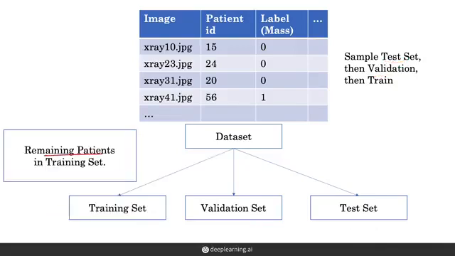Finally, the remaining patients can be included in the training set. Because the test and validation set have been artificially sampled to have a large fraction of mass examples, the training set will have a much smaller fraction of mass examples. You have seen that we can still train a model in the presence of imbalanced data. So this covers our second challenge of set sampling.